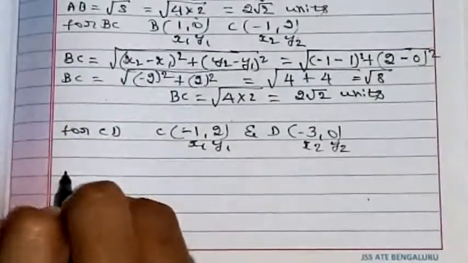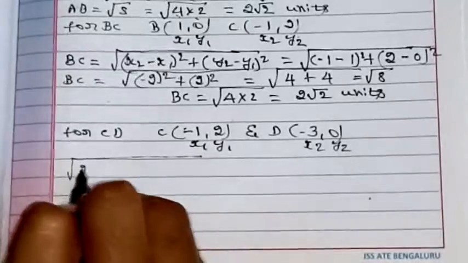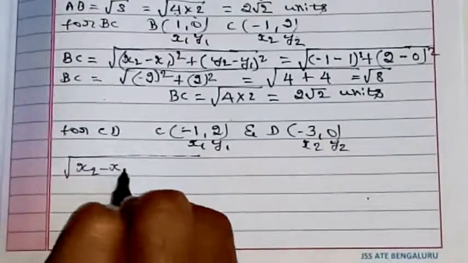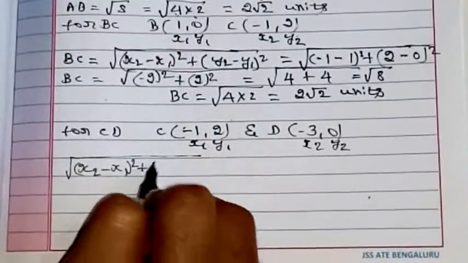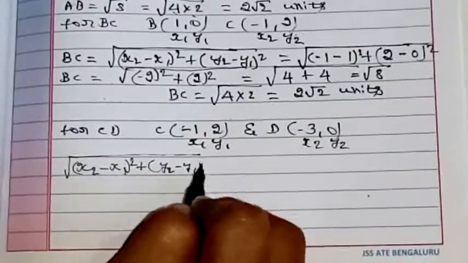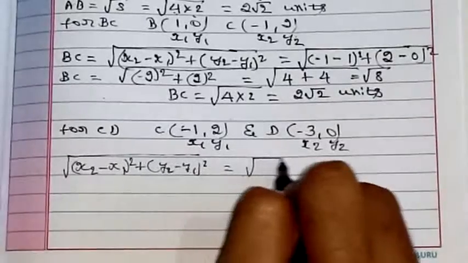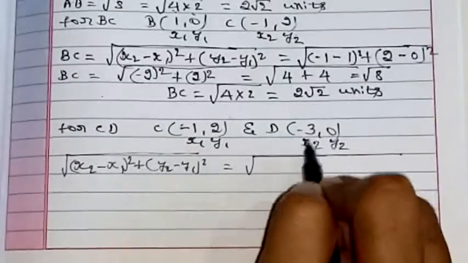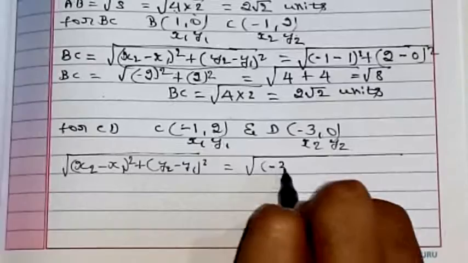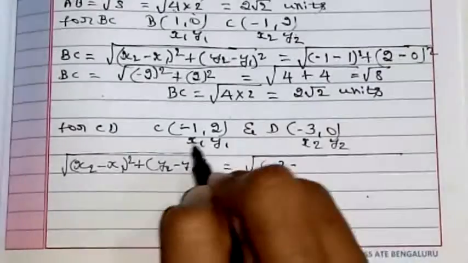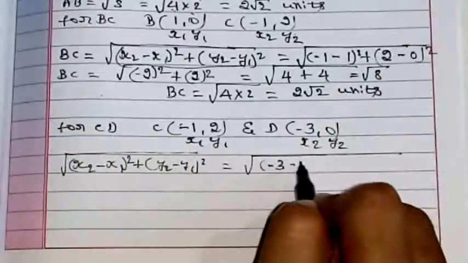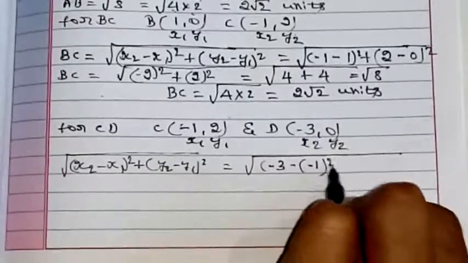So apply the distance formula, square root of x2 minus x1 whole square plus y2 minus y1 whole square. Right? So therefore that equals the square root of, what is x2, children? x2 is minus 3 minus, what is x1? x1 is minus 1. So therefore minus of minus 1 whole square.